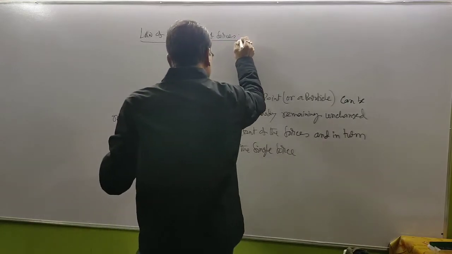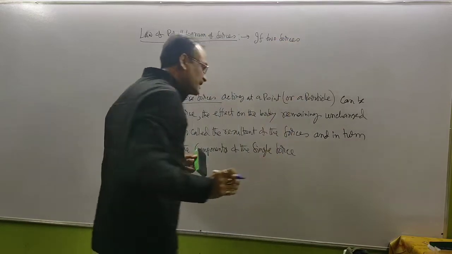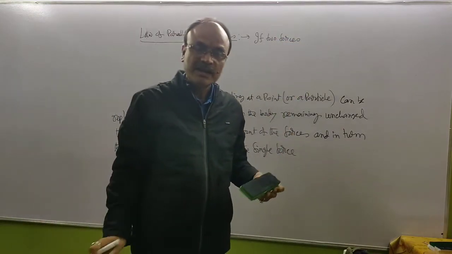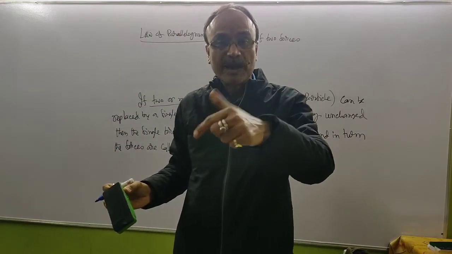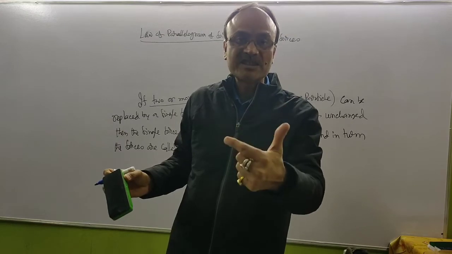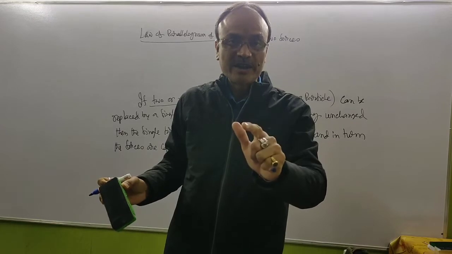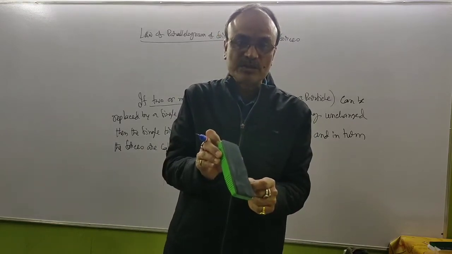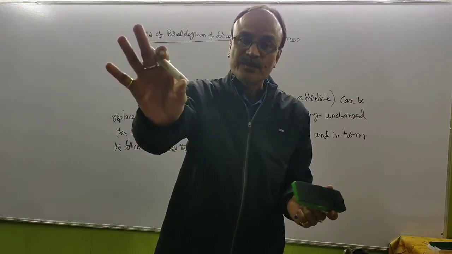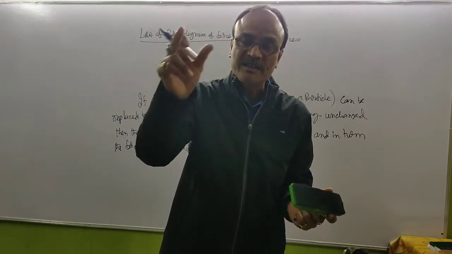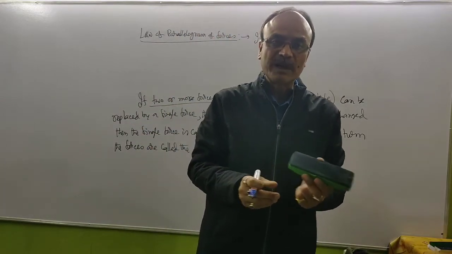If two forces acting at a point be represented in magnitude and direction by two adjacent sides of a parallelogram, then the diagonal through that point at which the adjacent sides meet will represent the resultant of the two forces. This is called the law of parallelogram of forces.